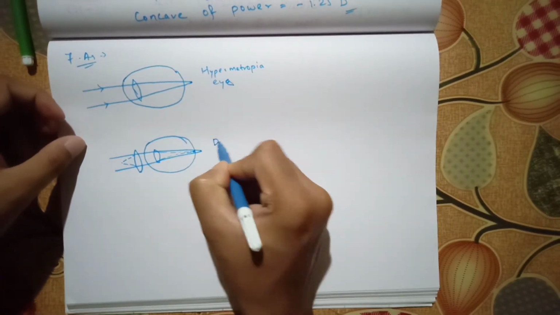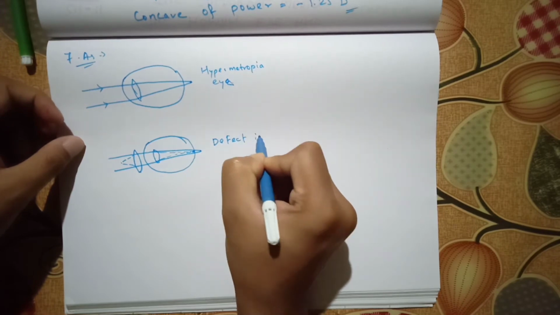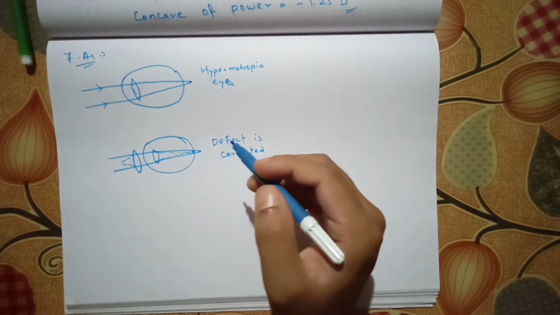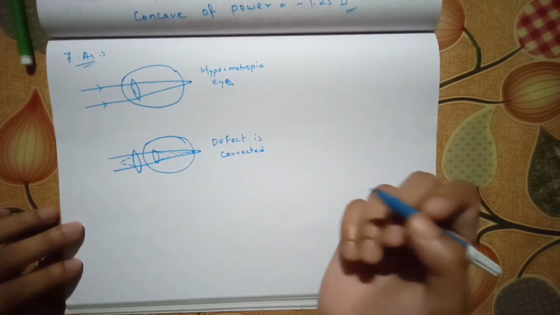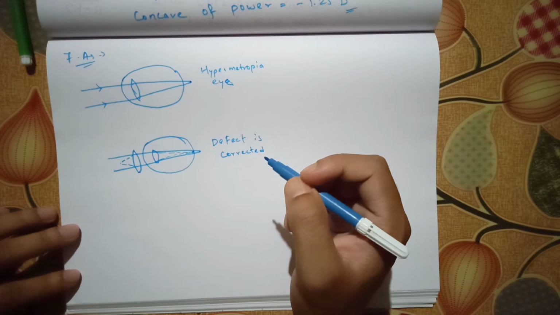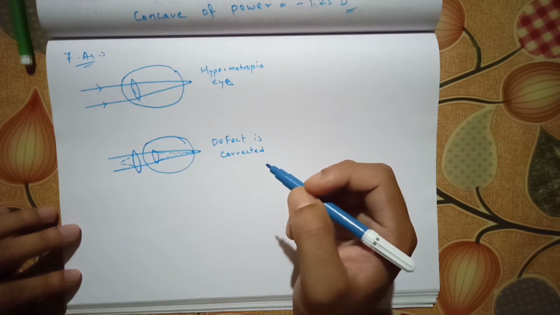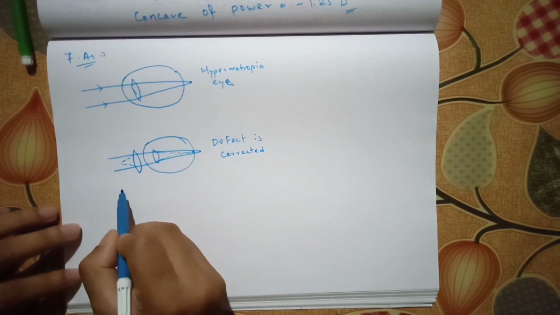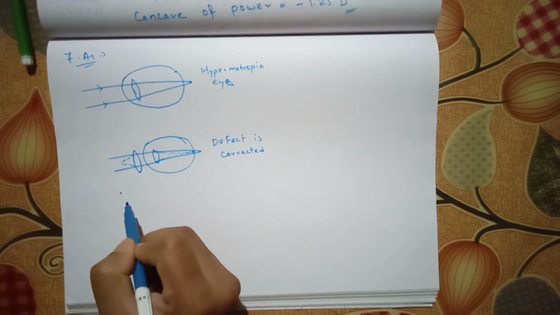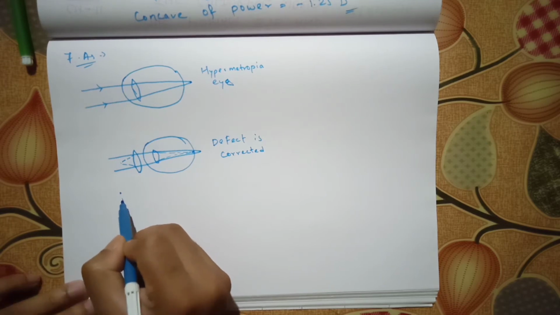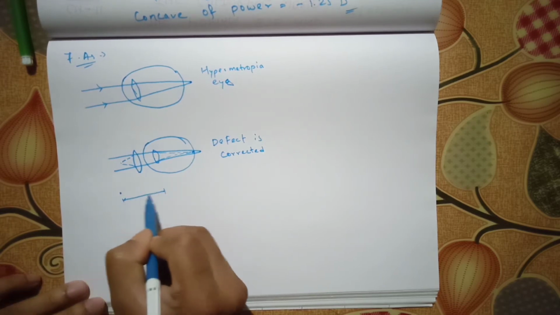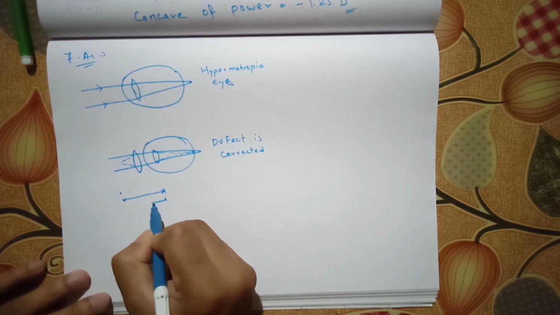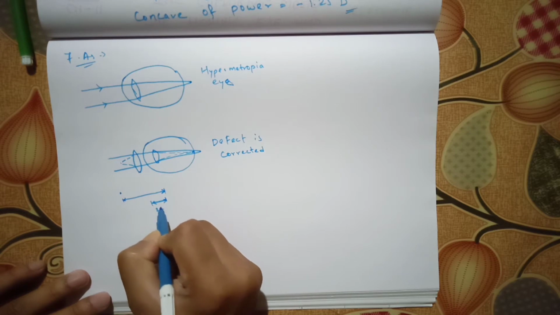Now this defect is corrected here by putting a convex lens. So now it is said that the near point of a hypermetropic eye is 1 meter. So let us take, suppose this is an object here and this is at 1 meter distance from here, and a normal eye can see 25 centimeter.